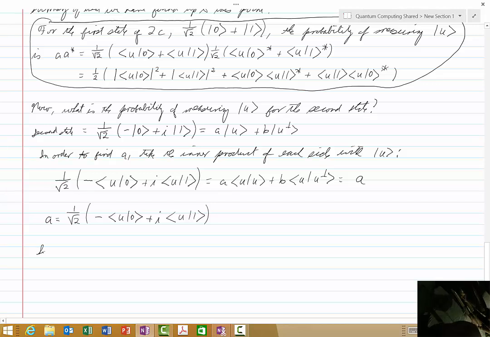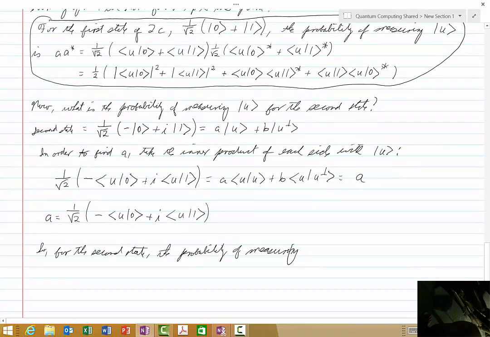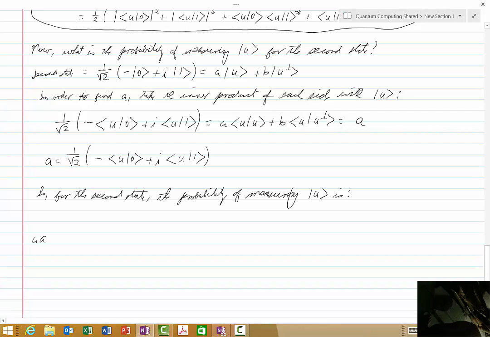So this means, for the second state, the probability of measuring U is A conjugate, which is equal to 1 over square root of 2 times minus the inner product of U with 0 plus I times the inner product of U with 1.